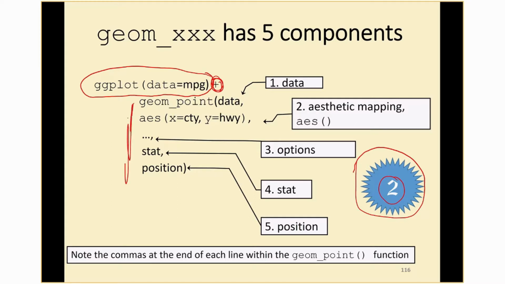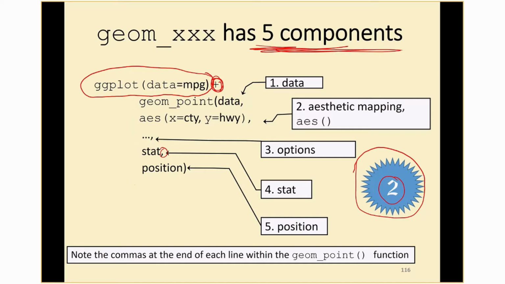geom. Now, there's a bunch of code here relative to our geom that I could have put in one long line, but I put in a bunch of separate lines separated by commas because the point I'm trying to make is that every geom has 5 components. So every geom has 5 components.